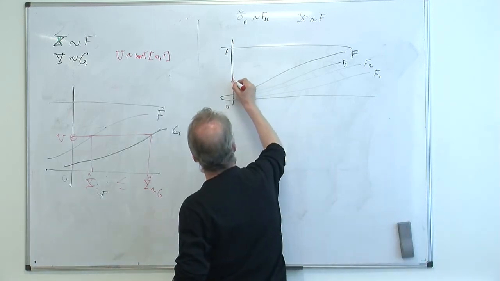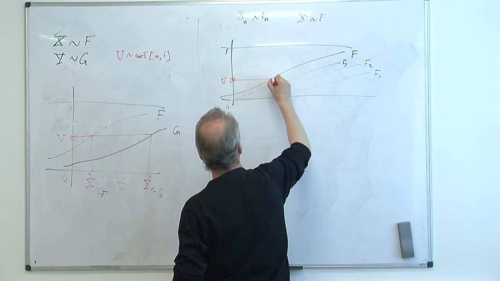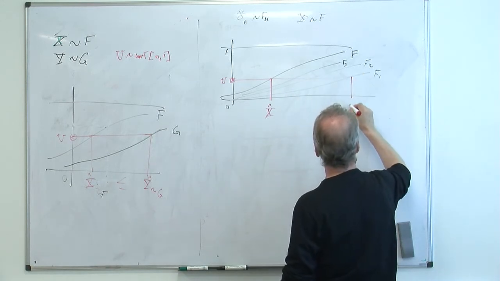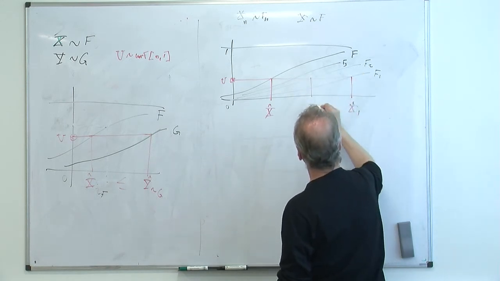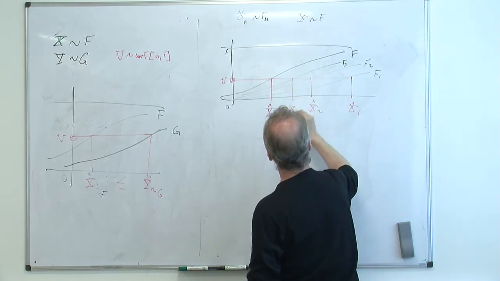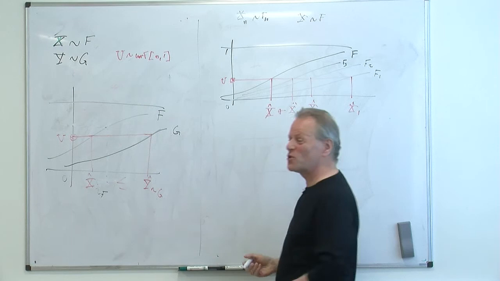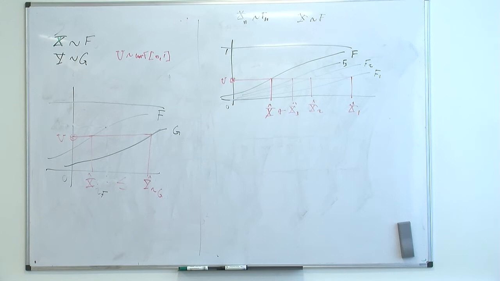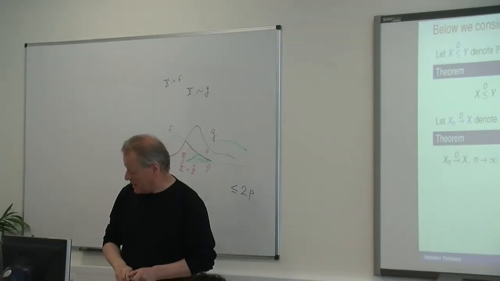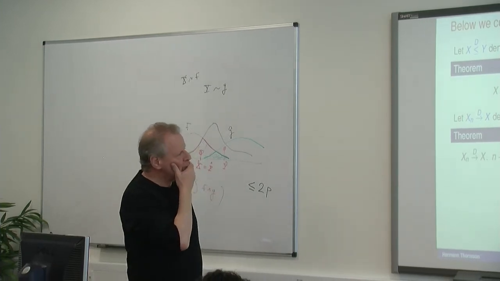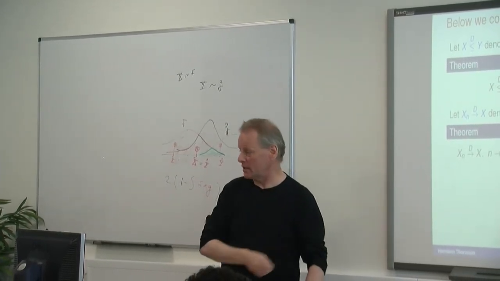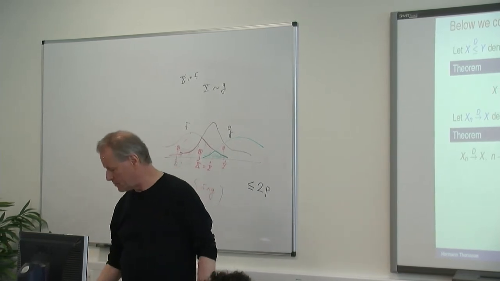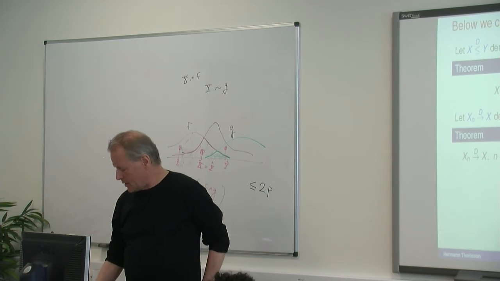Okay, so you choose your U here, go out to F, go down, get X hat, go all the way to F1, get X hat 1, X hat 2, X hat 3, and so this is to suggest that it will go to the limit. And that's some manipulation to prove that. Okay, so this really could be in a second course, so probability without much measure theory and general mathematics.